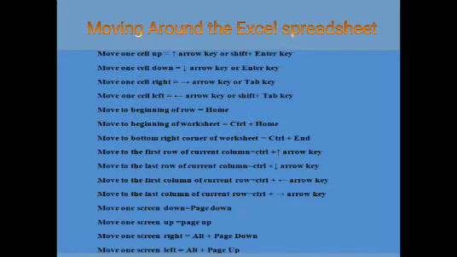If I want to go to that last row, then Control plus down arrow key. And same like that, if I want to move to the first column, then Control plus left arrow key. If I want to go to the last column, first column means A and last column means XFD, so Control plus right arrow key.